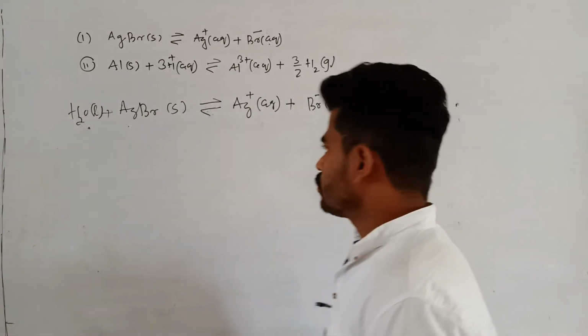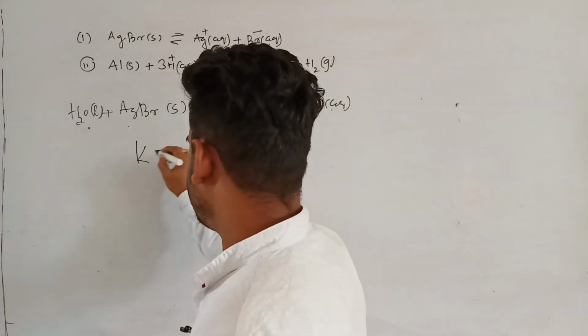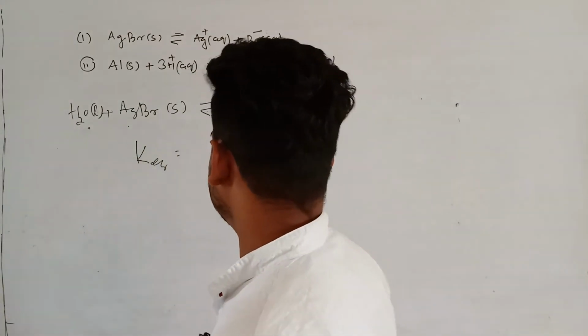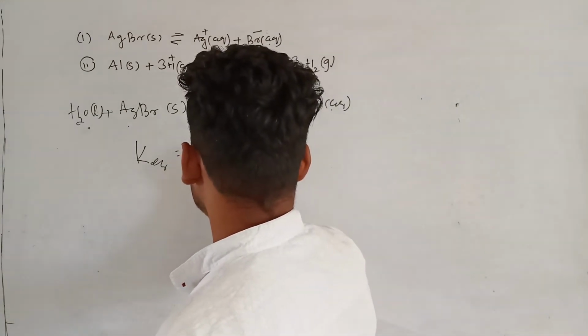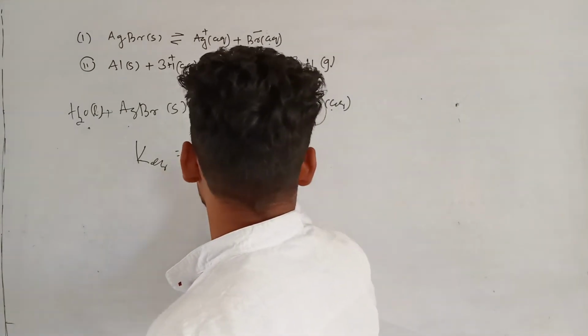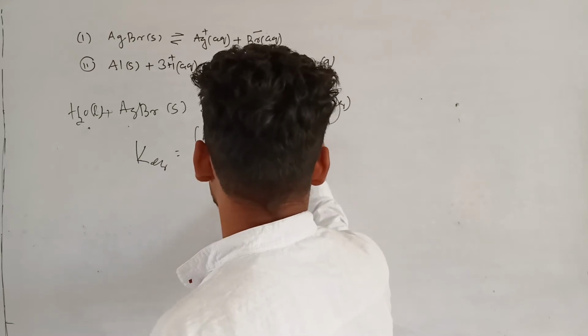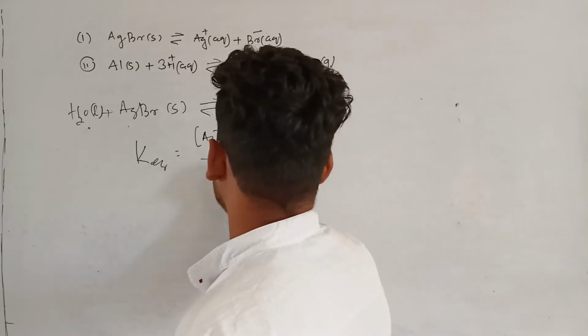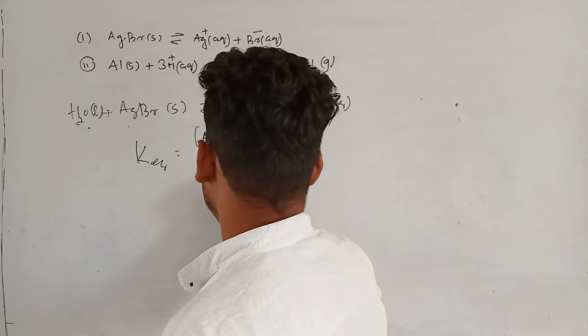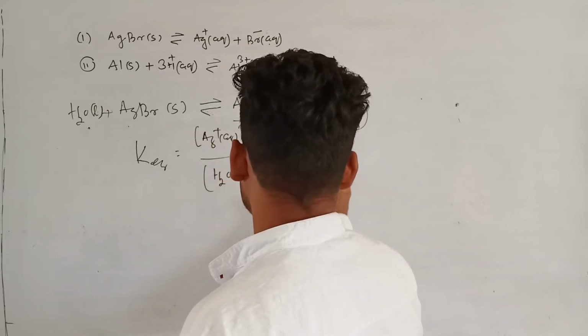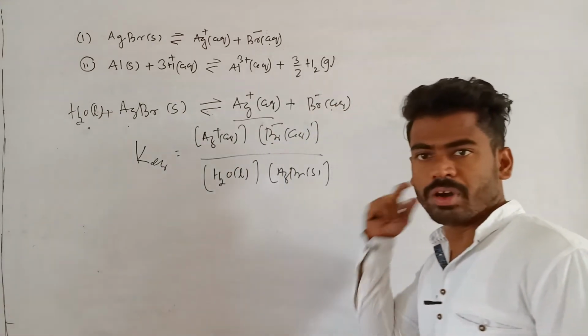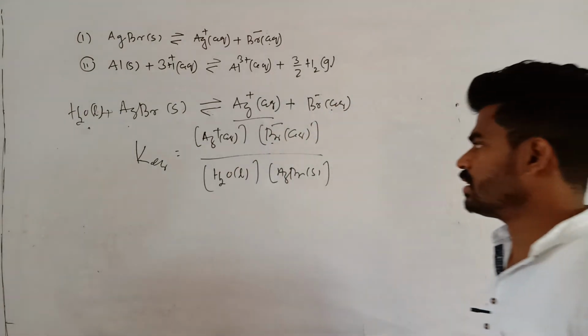That clear? So now the equilibrium constant K equilibrium can be expressed as the concentration of silver ion Ag plus into Br minus divided by H2O liquid into AgBr solid, the concentration of products to the concentration of reactants.